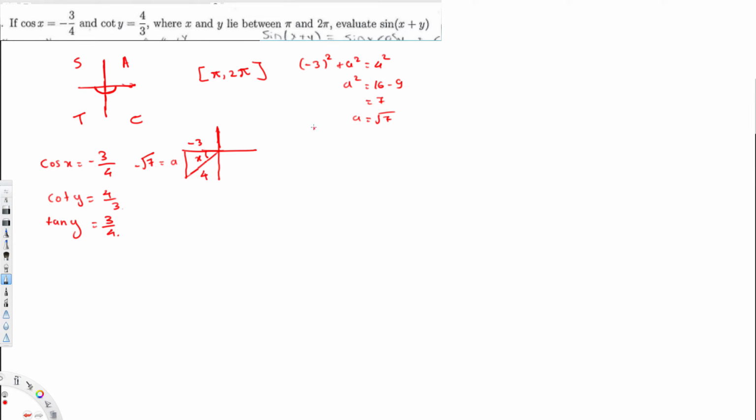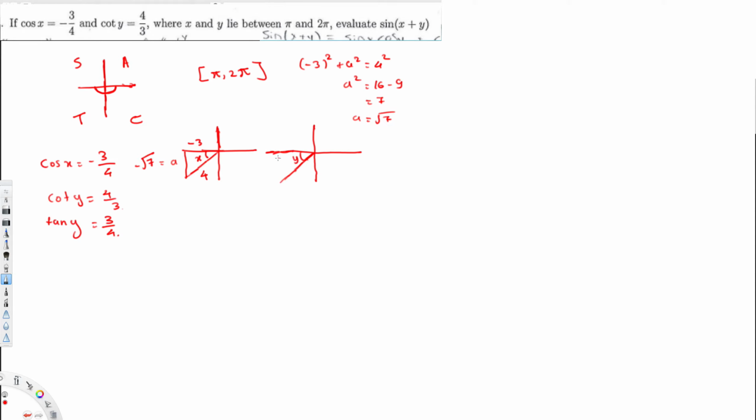Then let's draw the diagram for y. Here tan is positive. Tan is positive in the third quadrant, therefore I have to choose the third quadrant. Tan is also positive in the first quadrant, but the interval is π to 2π, therefore we have to use the diagram below the horizontal.